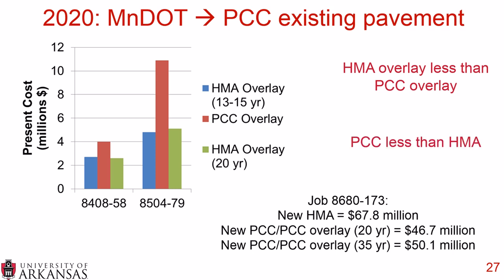So in the same report, MnDOT showed that PCC was less than HMA. So this is amazing. We've been bouncing back and forth during different time periods, different agencies, and we've seen differences, and you can make some sense of that because they're different climates and all of that. But here, one agency in one report shows that sometimes HMA is less, sometimes PCC is less.